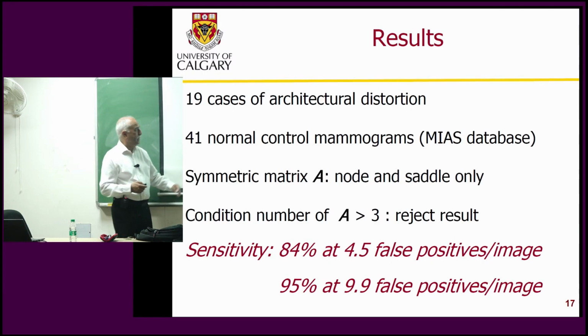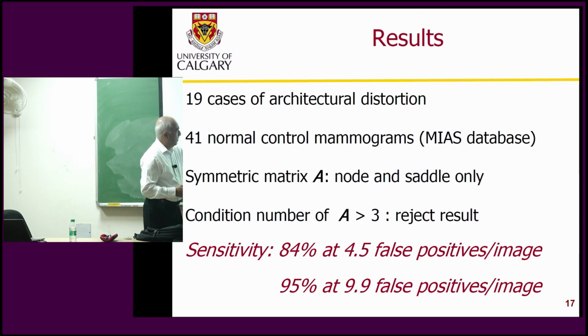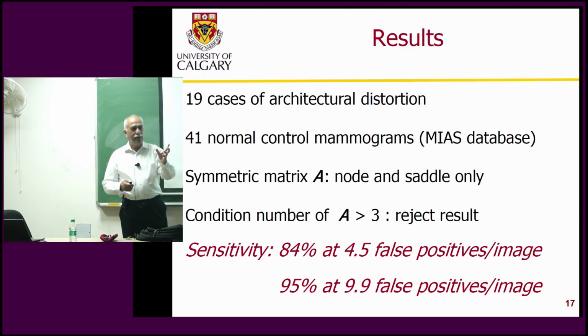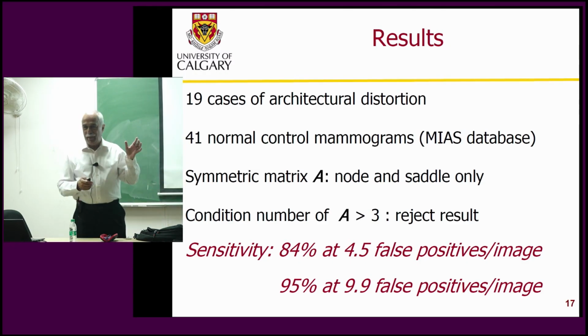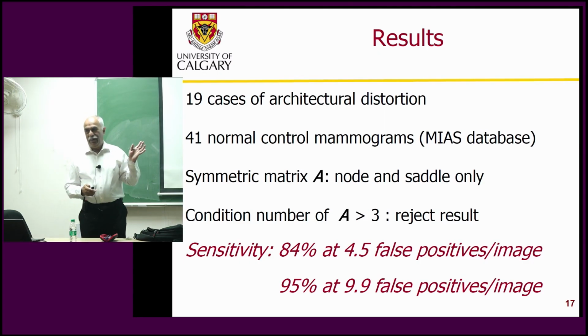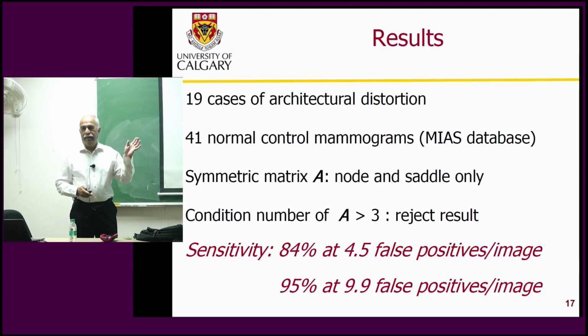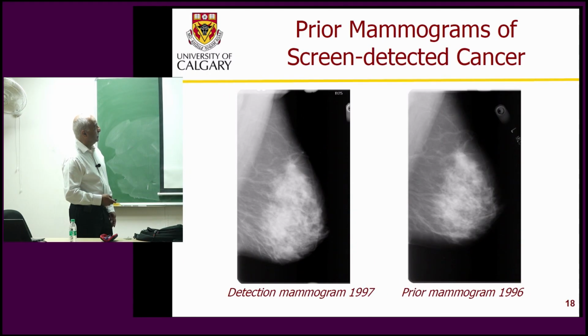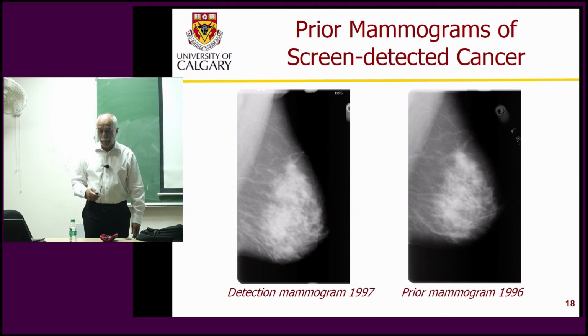And his performance measures for the detection of masses was 82% with 2.2 false positives per image. So 2, 4, to double, but same order of magnitude, comparable, but architectural distortion which had been not worked upon earlier as much as for masses. So that was a good result, and he got his PhD for that.